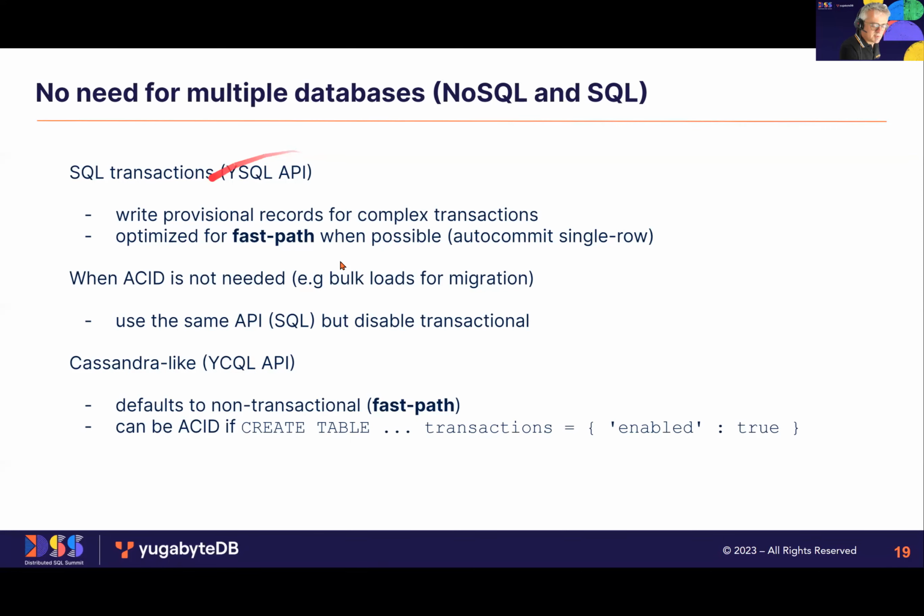Use the API that you want. If you use the NoSQL-like API, the default is not acid, but you can enable it. If you use the SQL API, the default is acidity, but you can disable it for specific use cases. Think about the consequences. And even if you don't do that, when the database can optimize it, Yugabyte will be able to optimize it.